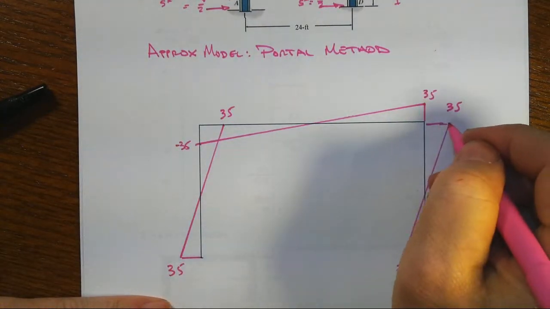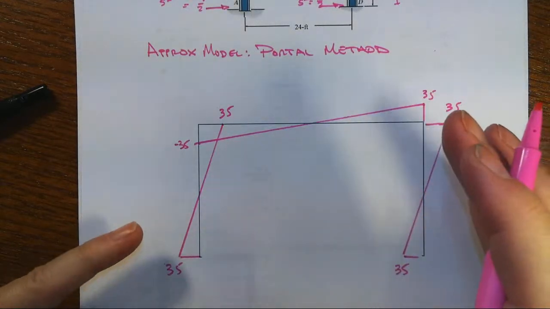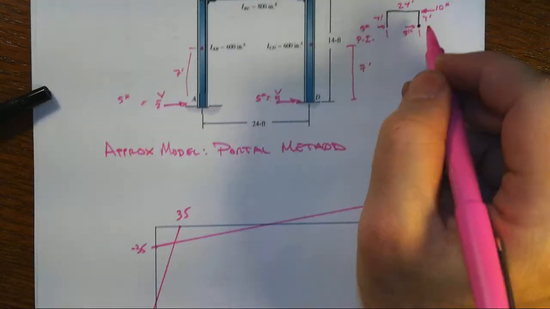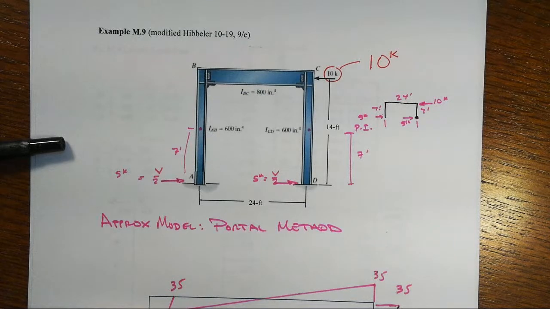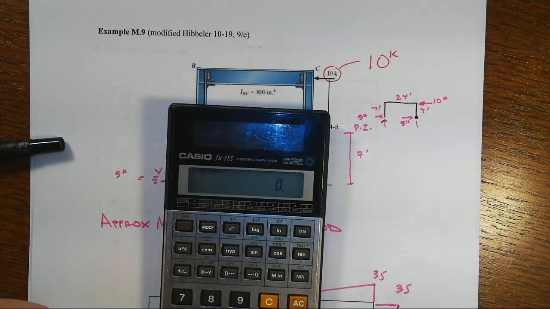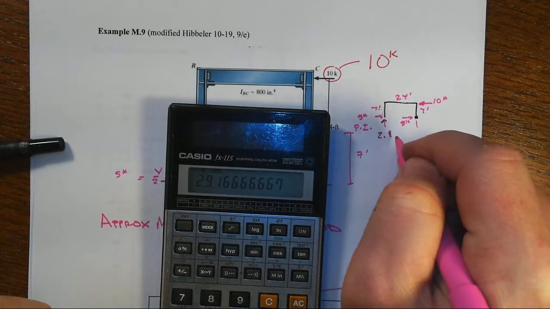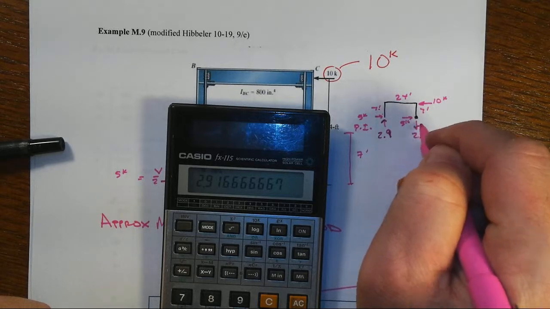Right, that's our approximate. Now we could also from this figure out what the axial forces are going to be. We can do this in multiple ways in reality. We could sum moments up at the mid-height here, we could sum moments about say one end. That would be then, we're going to get that axial force would be equal to 10 times 7 or 70 divided by the 24, or 2.9 and change for that axial force.